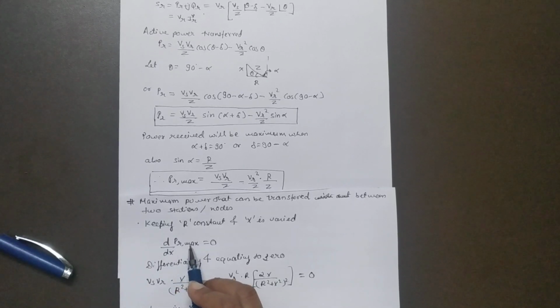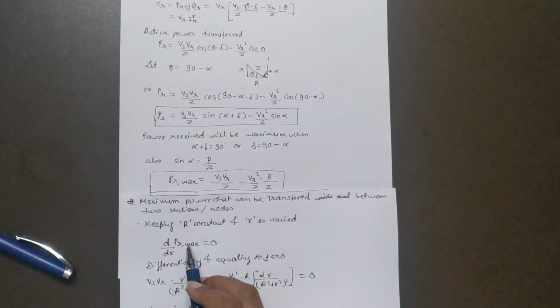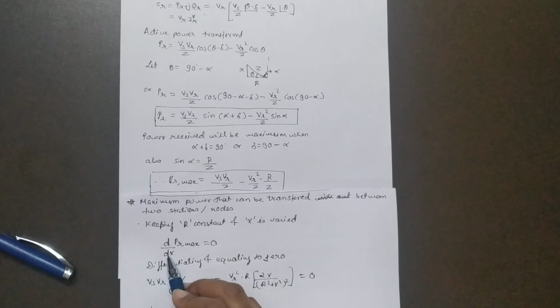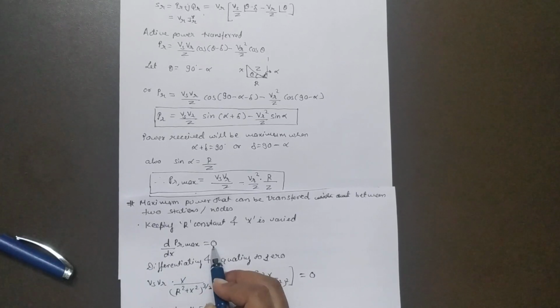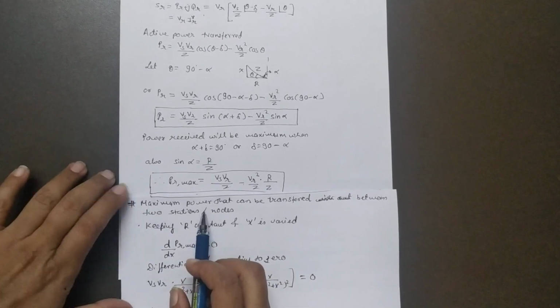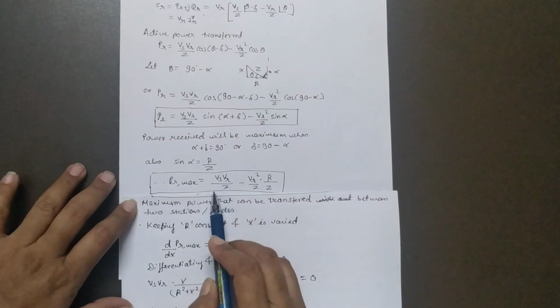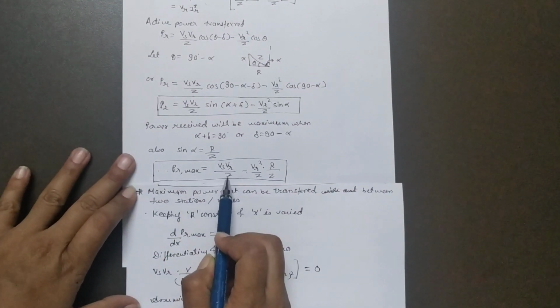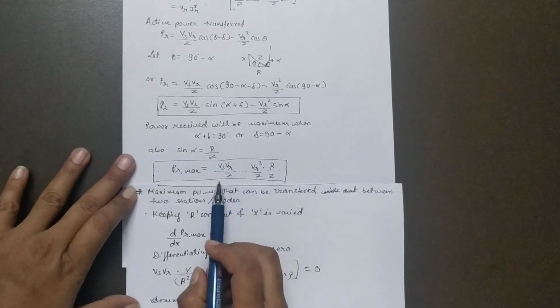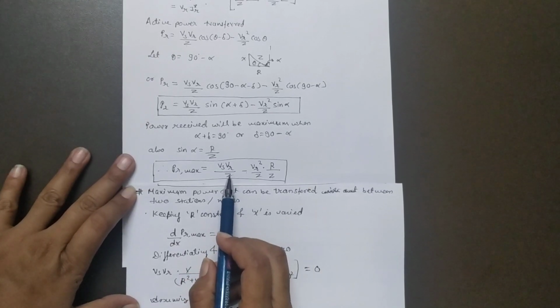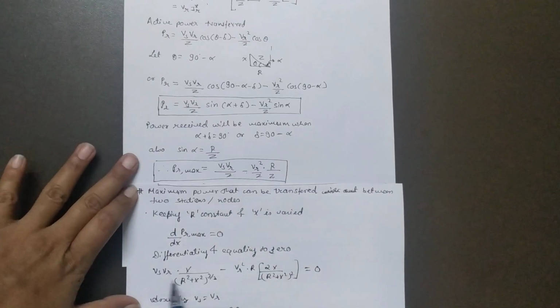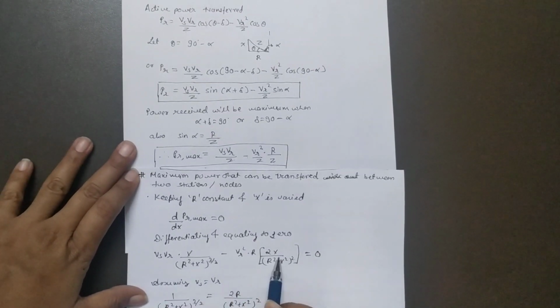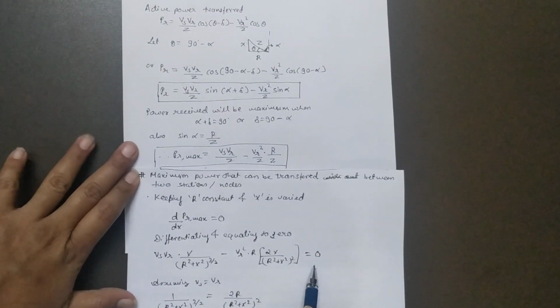As the PR maximum value can increase or decrease depending upon the value of X, we are differentiating PR maximum with respect to dX and will equate it to 0. Here we'll substitute Z as R plus jX, or mod of Z is the square root of R square plus X square, and we'll differentiate it. We'll get this expression and we'll equate it to 0.